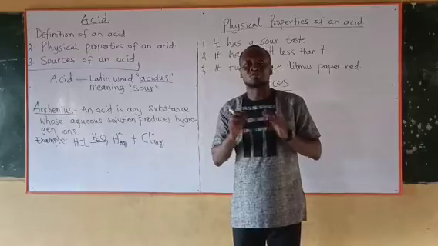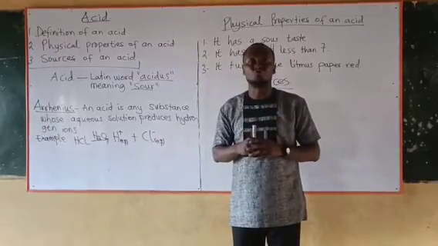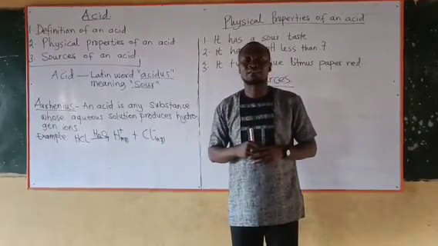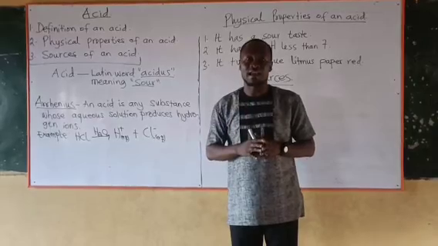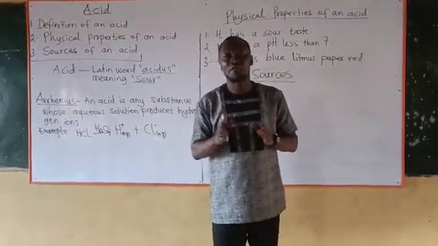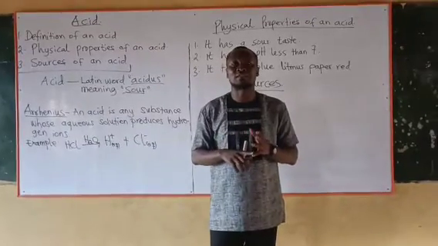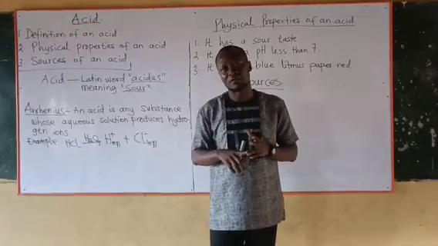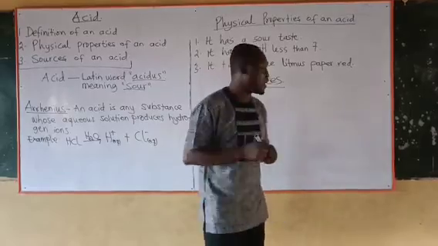Now, the source of an acid can be grouped into two: organic acid and the inorganic acid. Now, when we talk of organic acid, we are referring to an acid from plants and animal, either from plants or an animal.